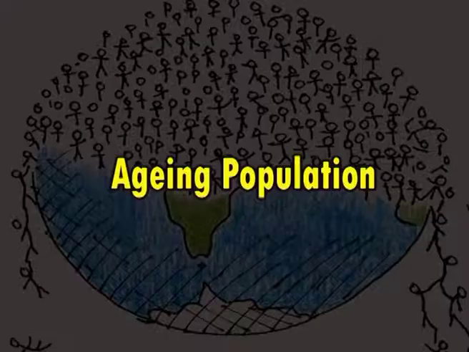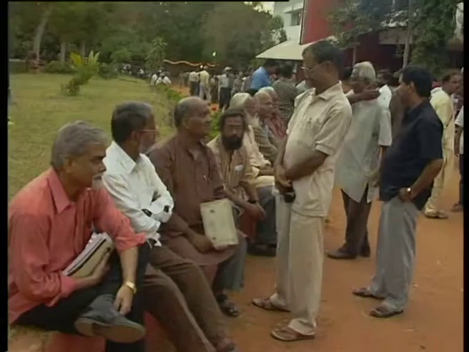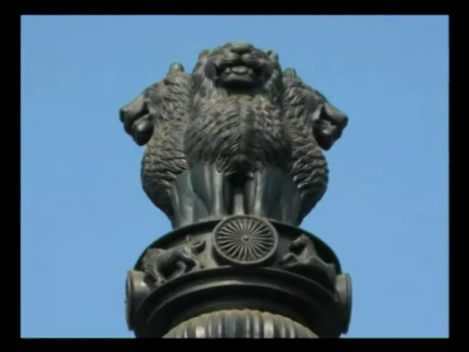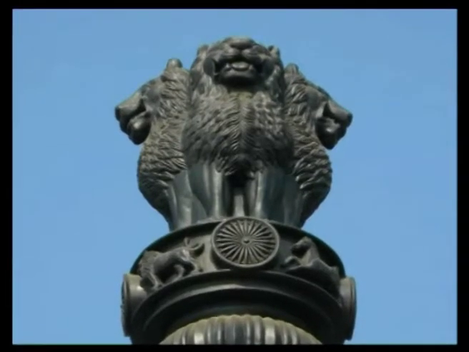Coming to major impacts of population. Aging population. The aging nature of India's population is currently a major focus of government policy. Over the next few decades, it is predicted that India's proportion of people aged over 65 years will grow substantially.